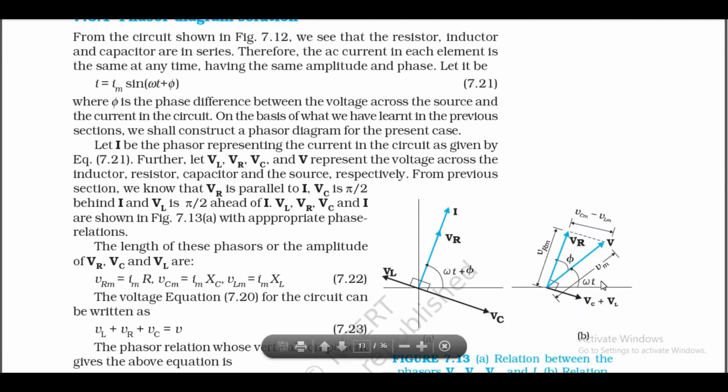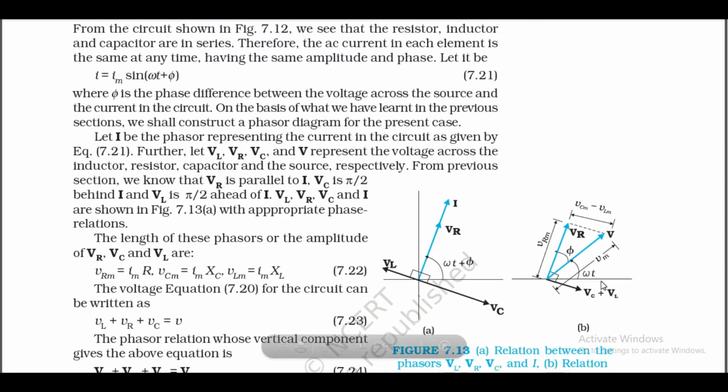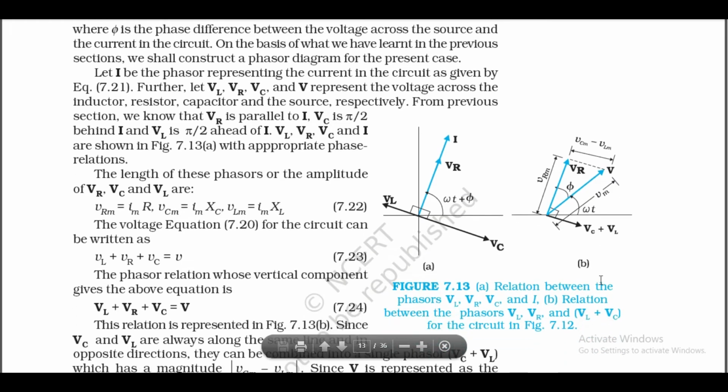On the basis of what we have learned in the previous sessions, we shall construct a phasor diagram for the present case. Let I first be the phasor representing the current in the circuit as given by equation 7.21. Further, let VL, VR, VC and V represent the voltage across the inductor, resistor, capacitor and the source respectively.